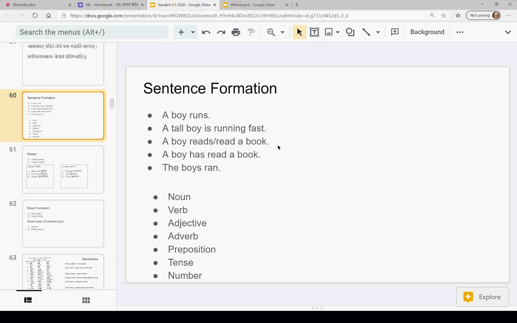So what that indicates is that these different words represent different roles in a sentence. For example, boy reads a book. In this, boy acts as a subject, or one who is doing the action, and reads is the action, and the book is the one which is being read, the object of that action.